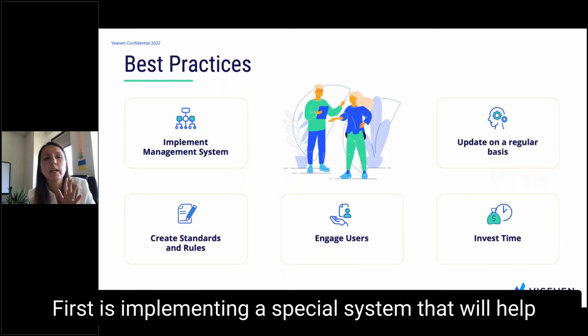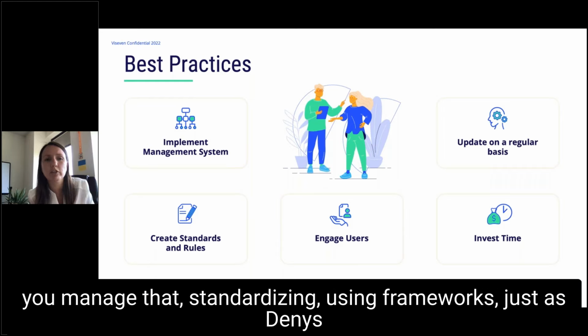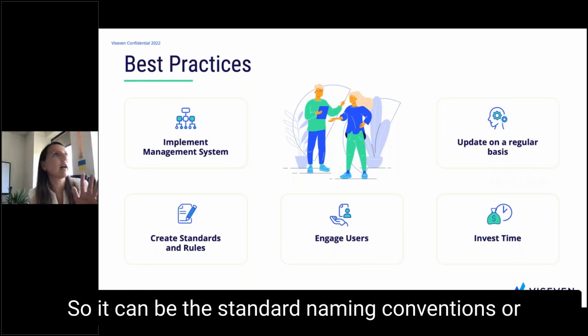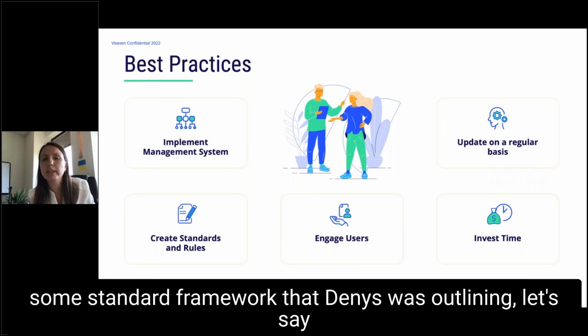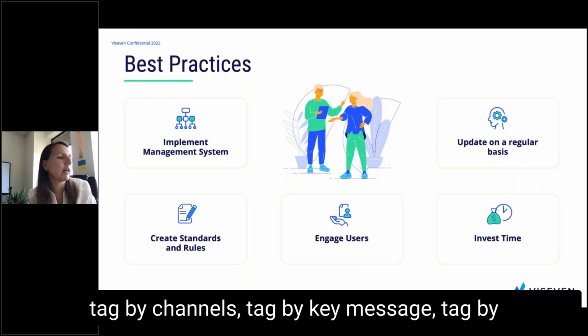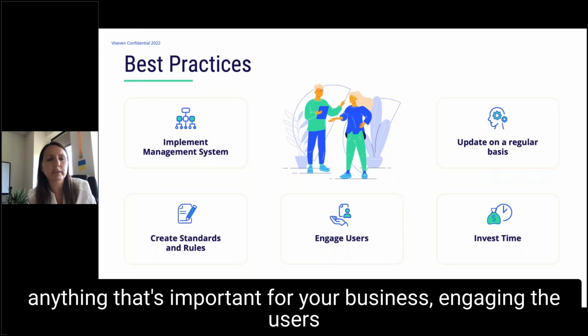First is implementing special systems that will help you manage this. Standardizing, using frameworks, just as Dennis mentioned, and rules to help you govern it. It can be standard naming conventions or some standard framework that Dennis was outlining, let's say tag by channels, tag by key message, tag by anything that's important for your business.